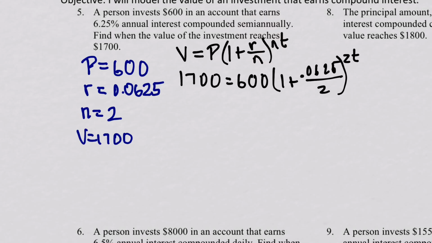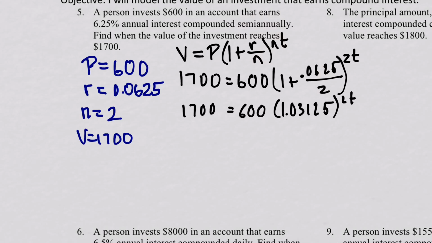The first thing I'm going to do, just like in the last problem, is divide 0.0625 by 2, which gives me 0.03125, right? Add 1 to that, so this is actually 1.03125. Do that calculation first. You guys can do that on your calculator. To the 2t power. 600 goes here, and 1,700 over here.